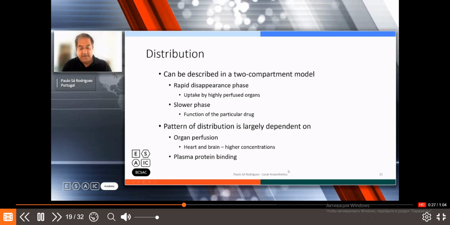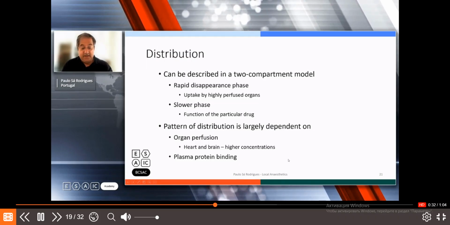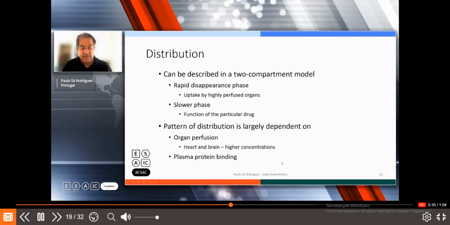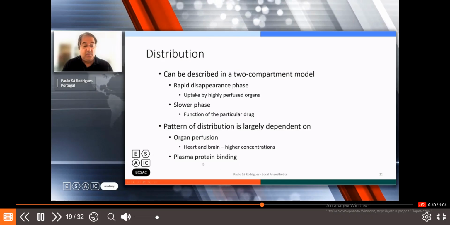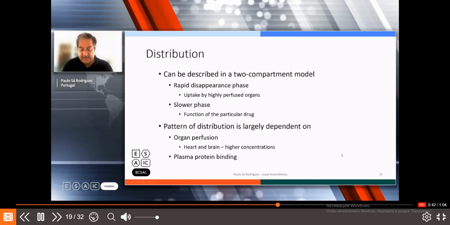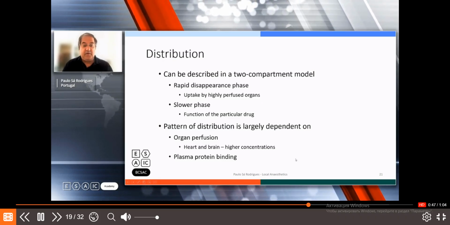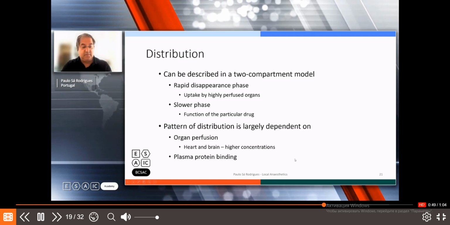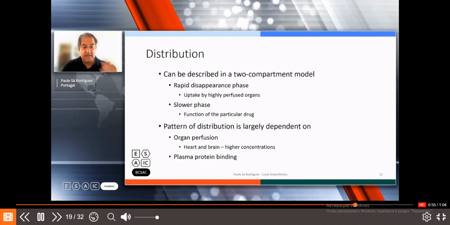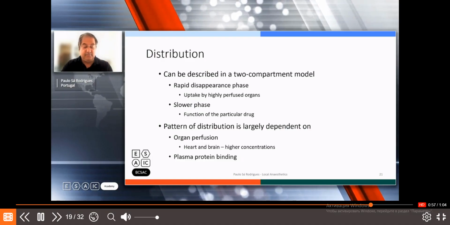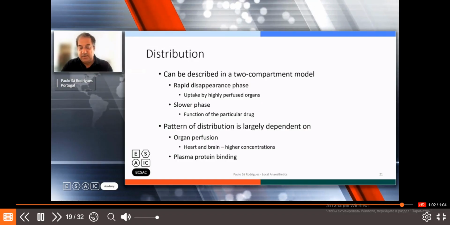For instance, the heart and the brain will have much higher concentrations of the local anesthetic initially, and this is one of the most important factors concerning toxicity. Also, plasma protein binding is very relevant, and we have to be very cautious in pregnant patients because the drug is more diluted and they are also more prone to toxicity.